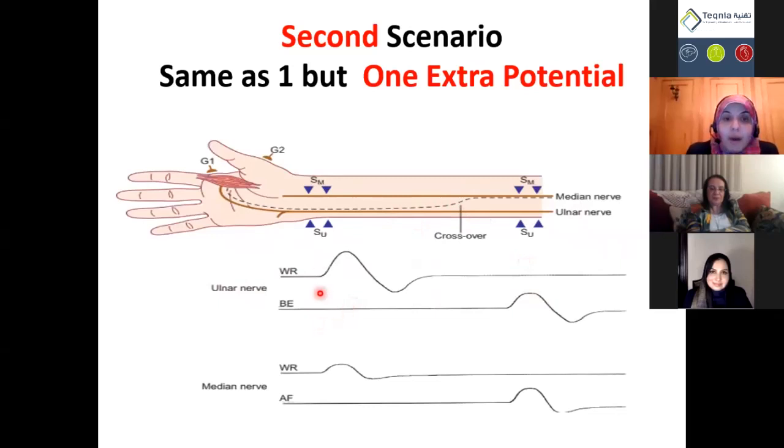But when I stimulate the median here, I get one extra potential than the previous one. Why? Because there are several median innervated muscles here beside the one that I am picking from, so I can stimulate them. And when I stimulate the median here, I find the difference between these two. So it is the same as case one, but I have one extra potential.